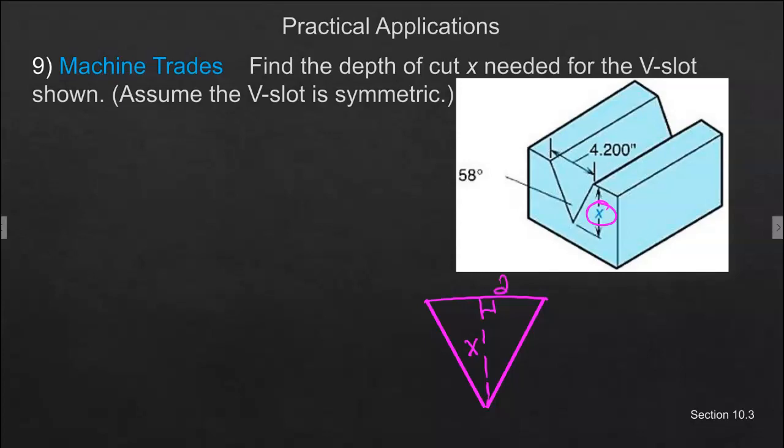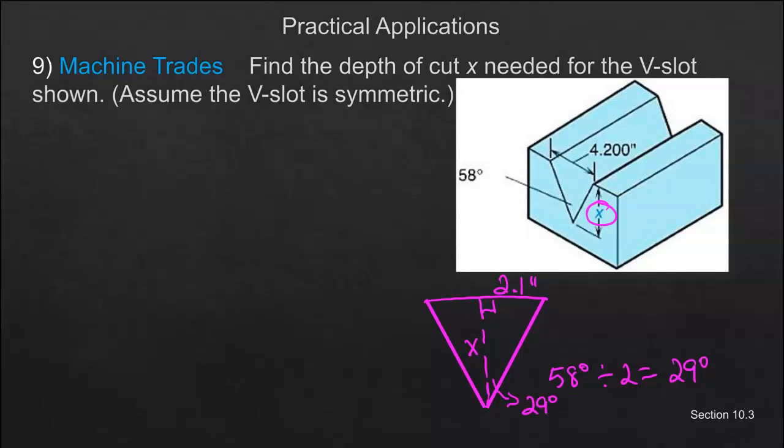This side is going to be 2.1 inches because it was 4.2. And then 58 degrees divided by 2 is 29 degrees. So this angle is 29 degrees.